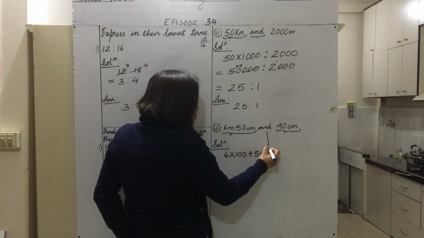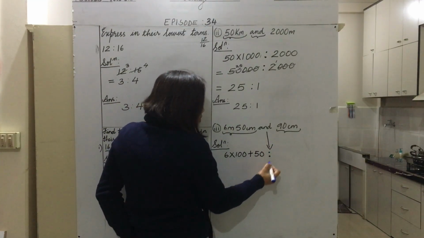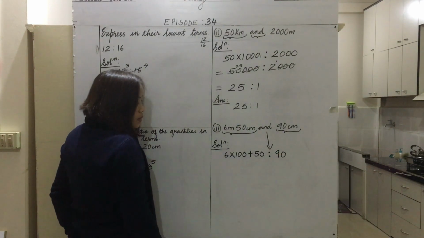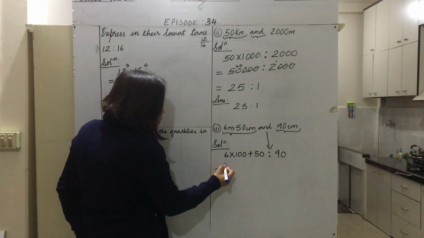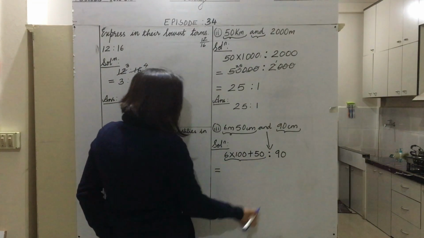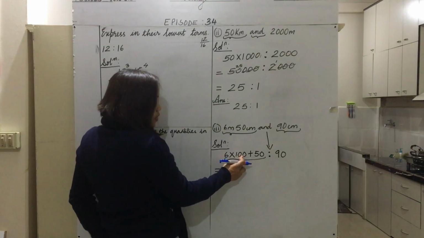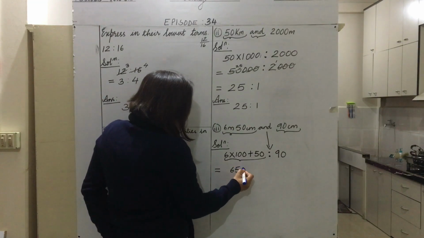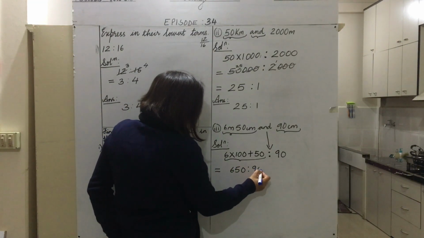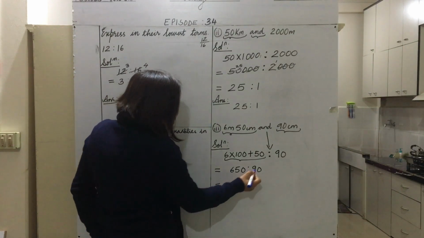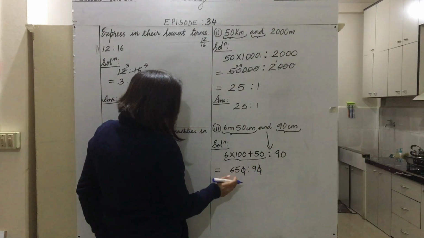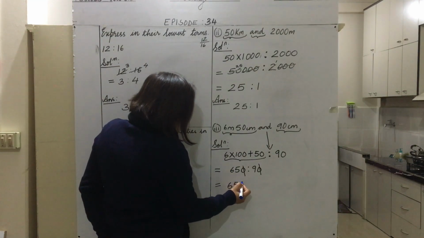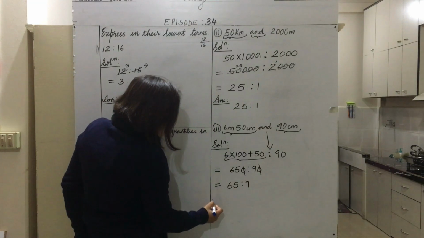Then instead of and we put is to symbol, and then the 90 is already in centimeter. Then we will deal with the first quantity, right? 6 into 100 is 600 plus 50, 650 is to 90. Then we reduce 0 and 0. No common factors for 65 and 9, so we take down 65 is to 9. This is our answer.